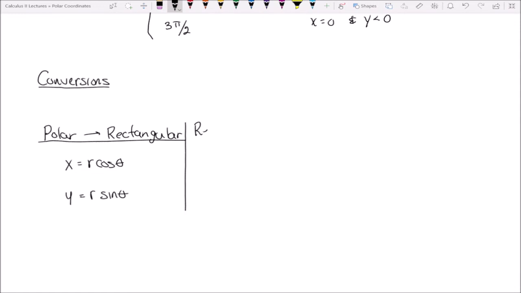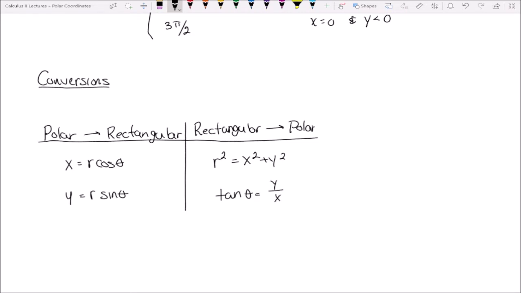If we want to go from rectangular to polar, then what we have is the relation r squared equals x squared plus y squared, and tangent of theta is equal to y over x.